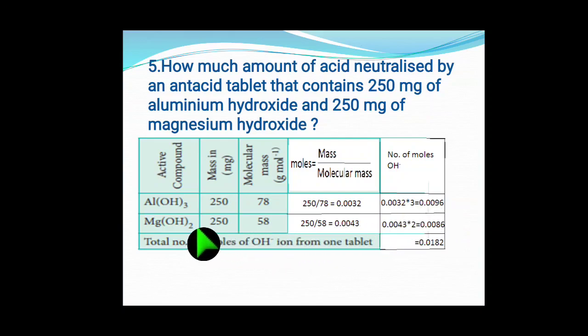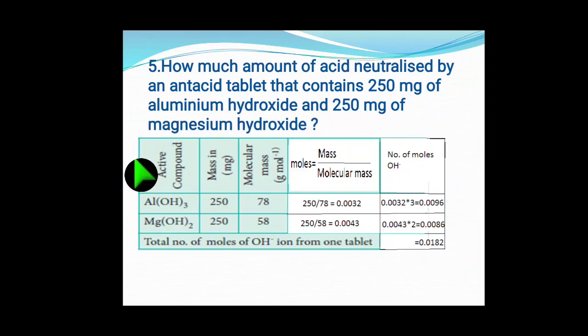For magnesium hydroxide, how many OH are present? 2 OH, so 0.0043 multiplied by 2 equals 0.0086. Finally we get 0.0182, which is the total number of moles of OH minus ions from one tablet.